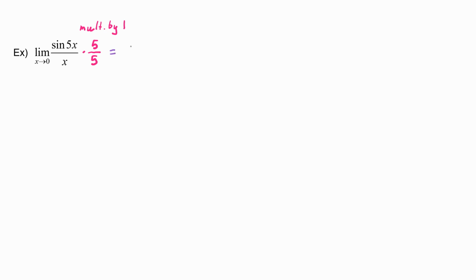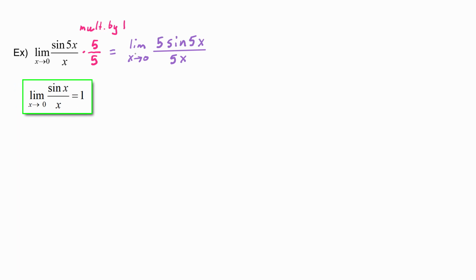Now this will become the limit as x approaches 0 of 5 sine of 5x over 5x. So now we have the argument of the trig function matching the denominator. But now remember, to apply the rule, we still need the variable of the limit to match, and the numerator needs to be just the sine function.